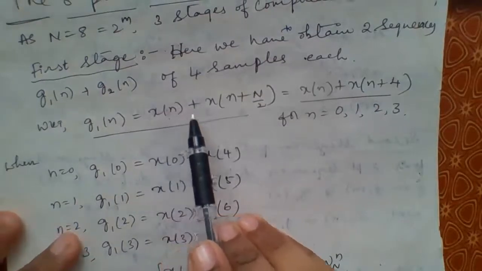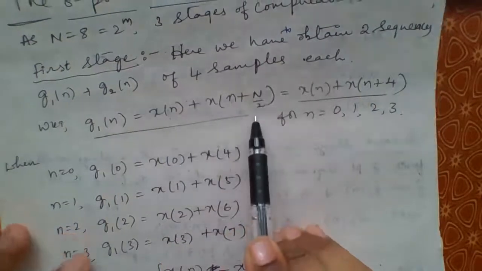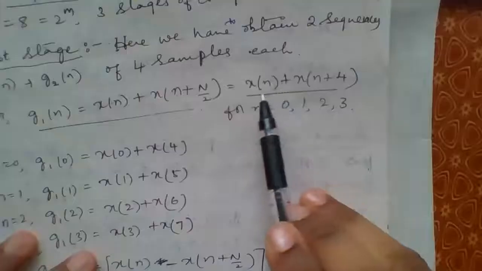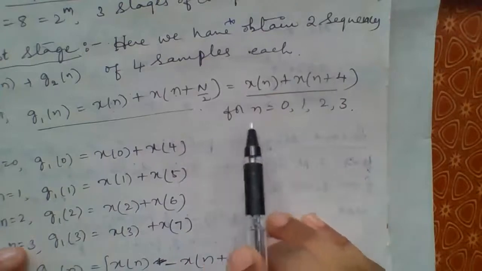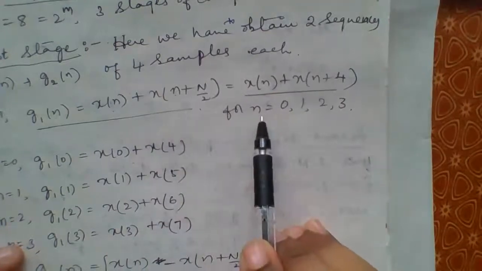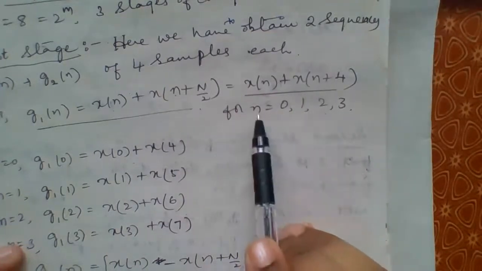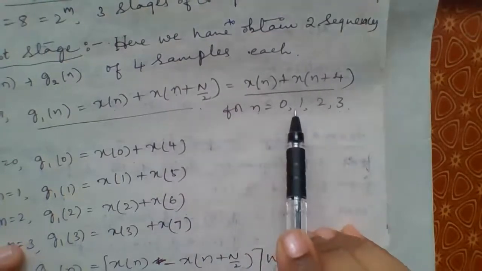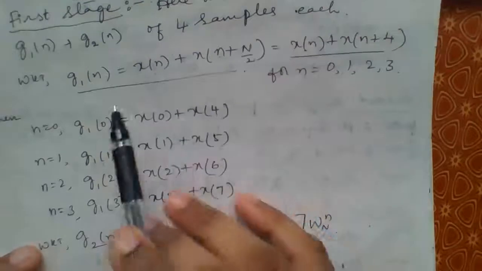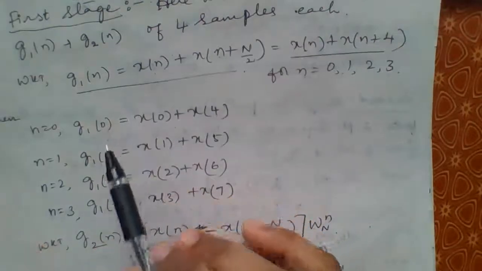It is x of n plus x of n plus N by 2. Its length is 4. We can write G2 later, but here we first specify the indices: n equal to 0, 1, 2, 3 only, that is, only for the 4 samples. So first, let us complete writing all the G1 equations.